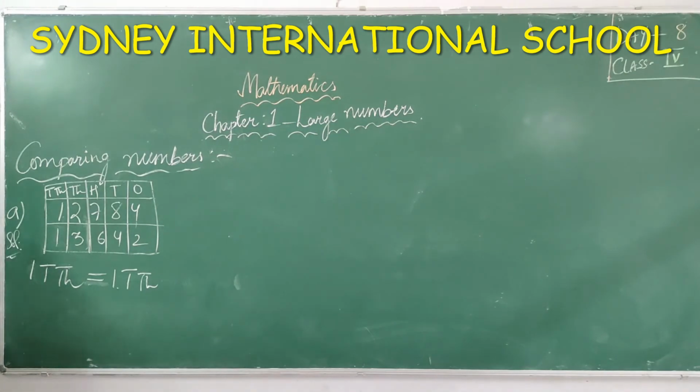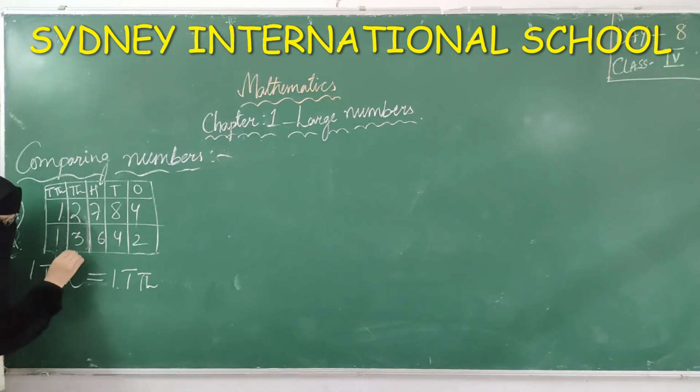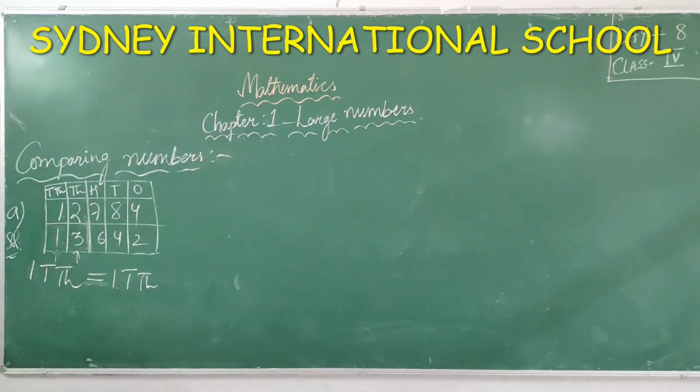Next, when we are comparing the first digit, if both are equal, then we have to move to the next digit. Compare the digits from the left till you find two digits that are different.